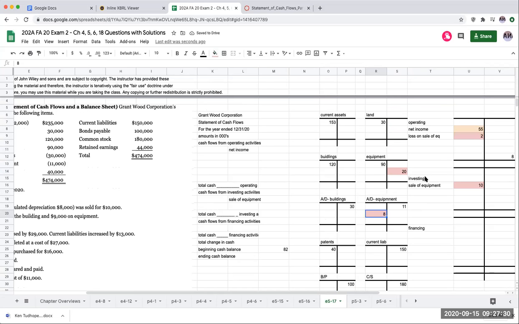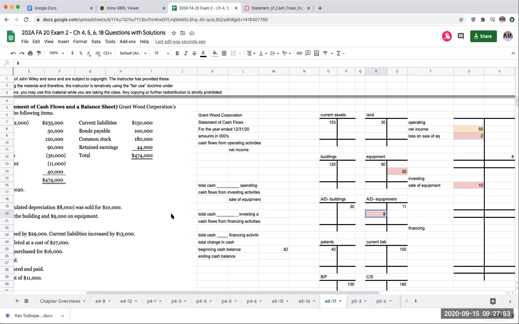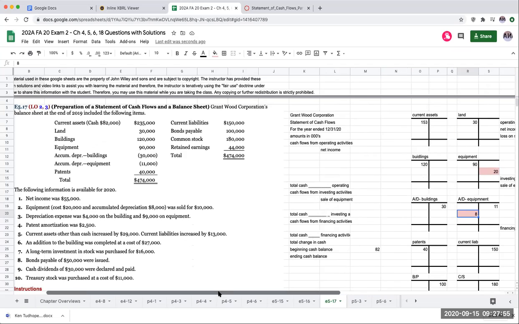So again, when I sell equipment, I'm going to put that loss on sale of equipment in the operating section. The cash proceeds go into the investing section. And then over here, I decrease the equipment balance. And over here, I put the debit in when I removed it. So that's how I handle transaction 2.